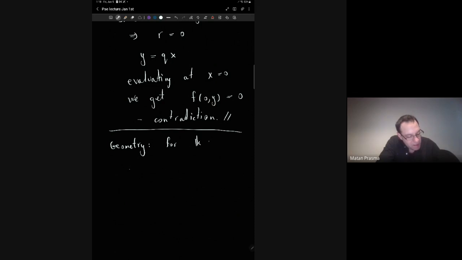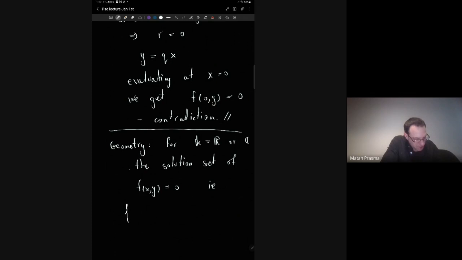For the ground field being the real numbers or the complex numbers, the set of all solutions, let's say of f(x,y) equals 0, the solution set, I remind you, is the set of all, let's say, (x0, y0), such that if you substitute it in the polynomial, you actually get 0.